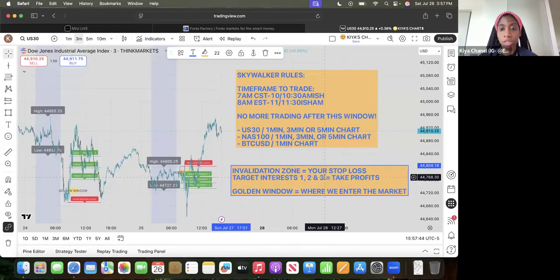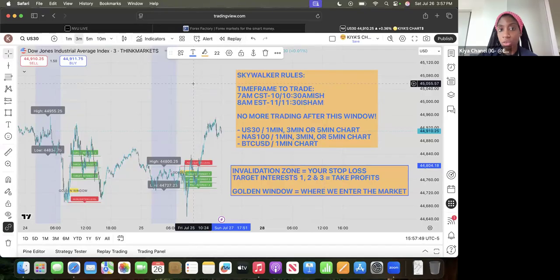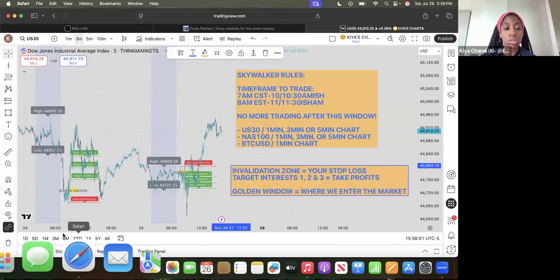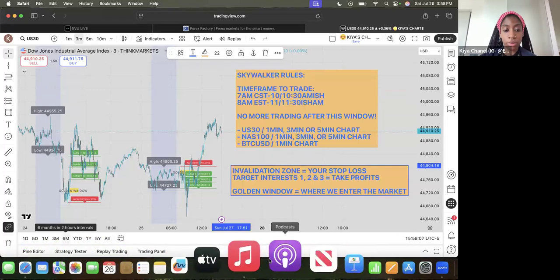And that's how I use the scanner. It's pretty simple, super easy, not overcomplicated, and that's what I love about it so much. So, that's what I got for you guys.